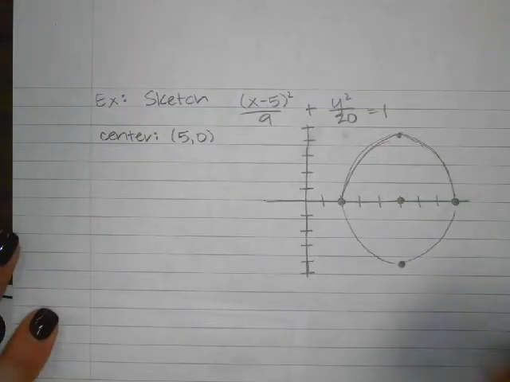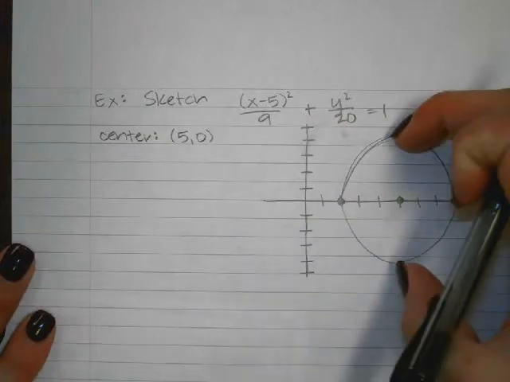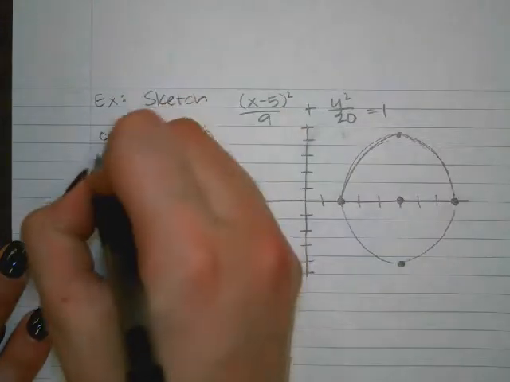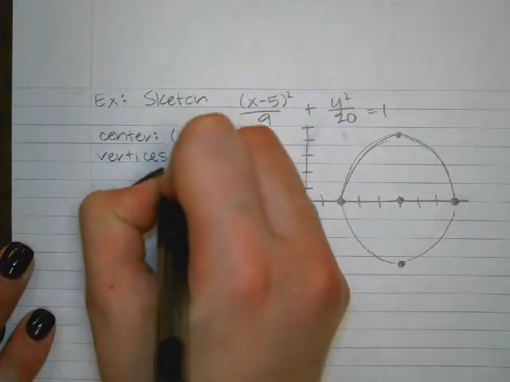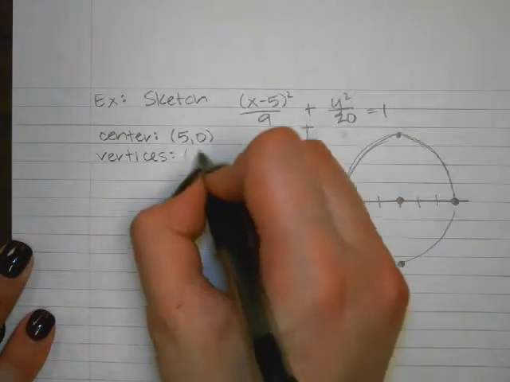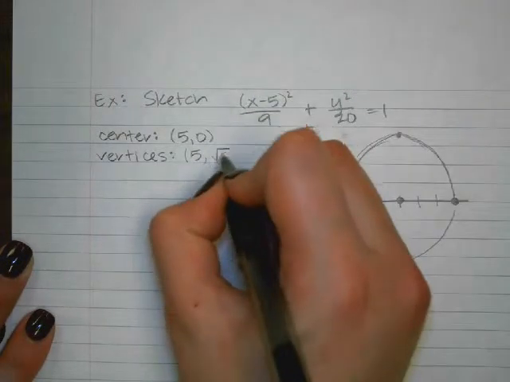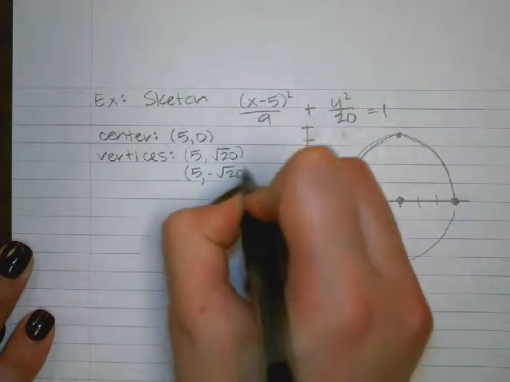All right, so for left and right 3 versus up and down 4 and a half, that means that the vertices go up and down, and the co-vertices go left and right. So up and down would be 5 positive root 20 and 5 negative root 20.